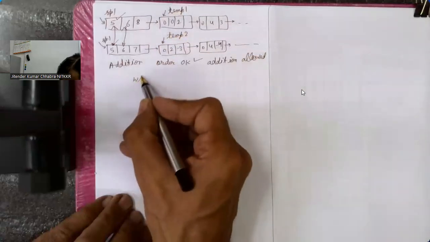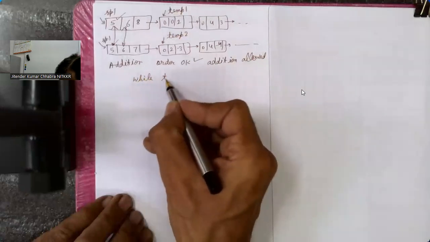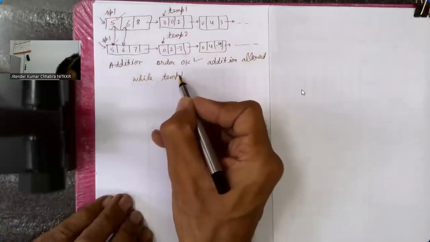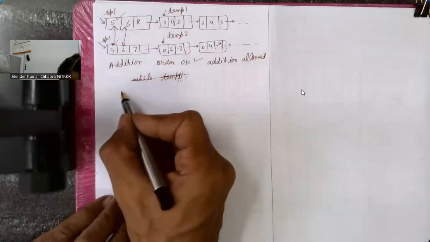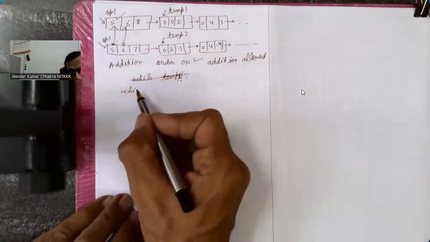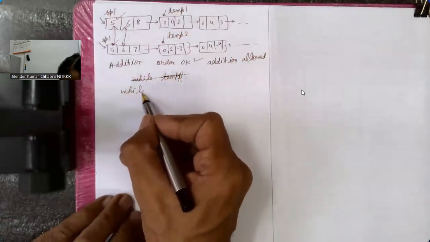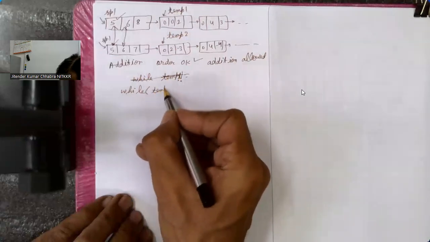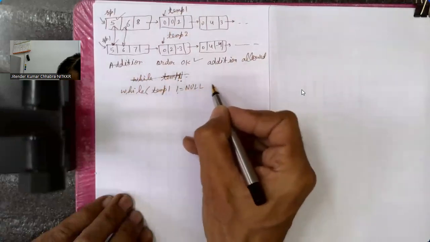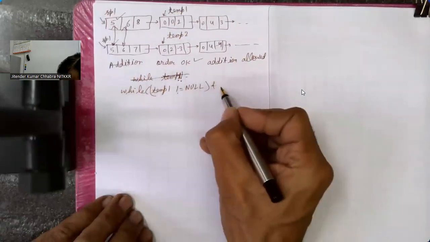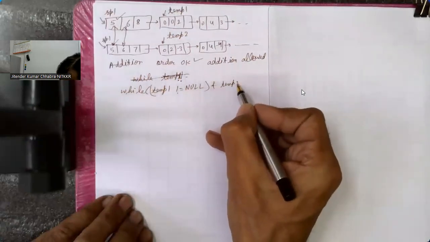And then I can easily say while temp1 not equal to null and temp2 not equal to null, we will keep on doing this process.